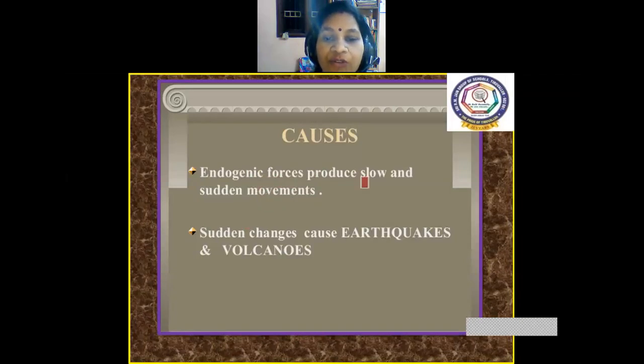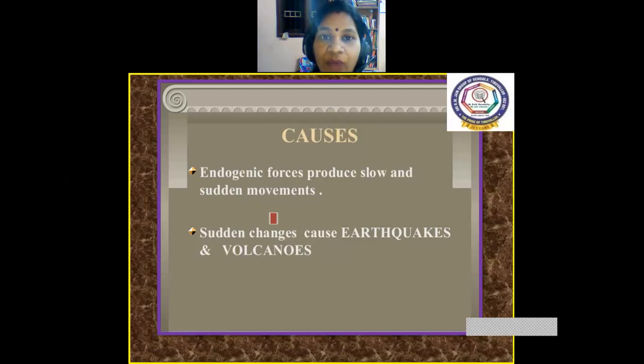The endogenic forces produce slow and sudden movements. It will be very slow, but suddenly it causes sudden changes, that is earthquakes and volcanoes. Earthquake, sometimes it will shake, no?